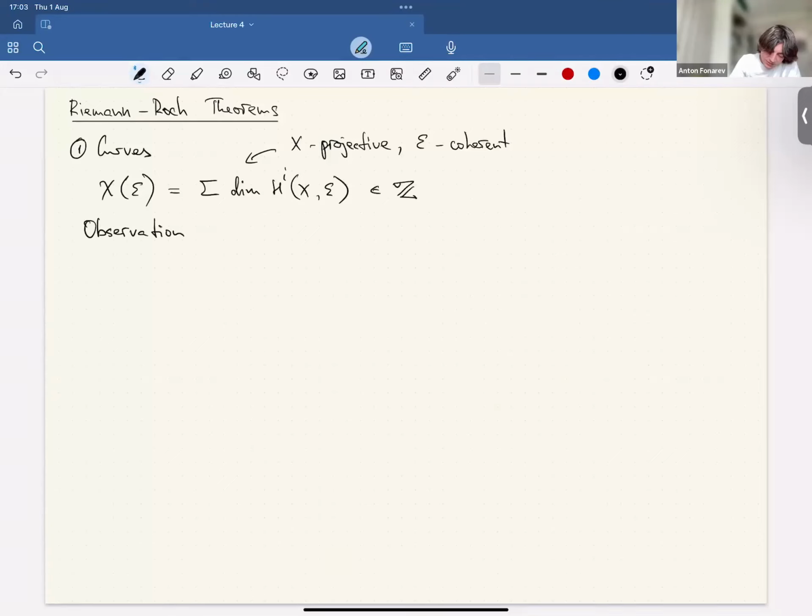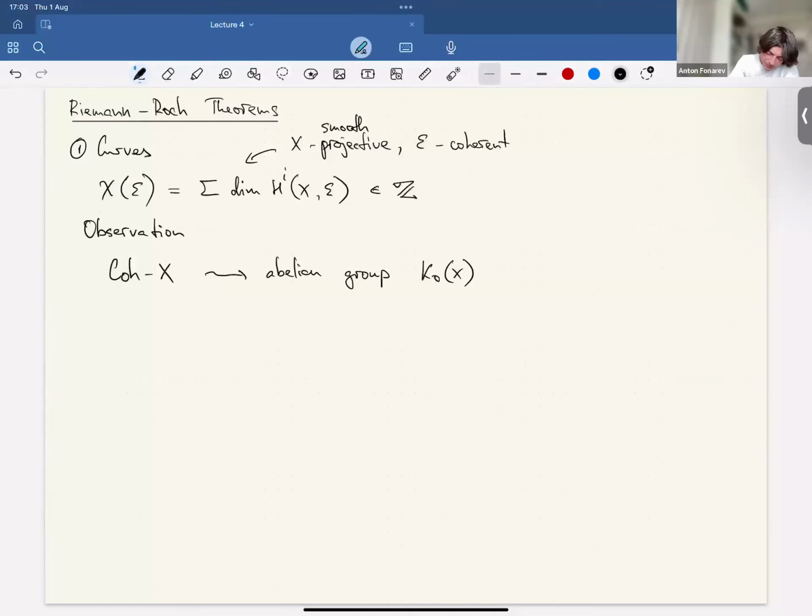Namely, to the category of coherent sheaves on X, let's say smooth, for simplicity, but there will be a little bit of a difference in how you define it, I will say smooth coherent sheaves on X, you can associate an abelian group called the Grothendieck group, K naught of X.